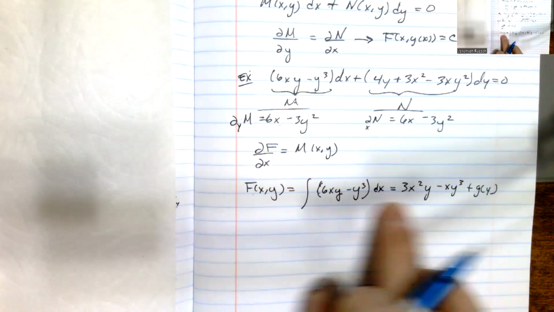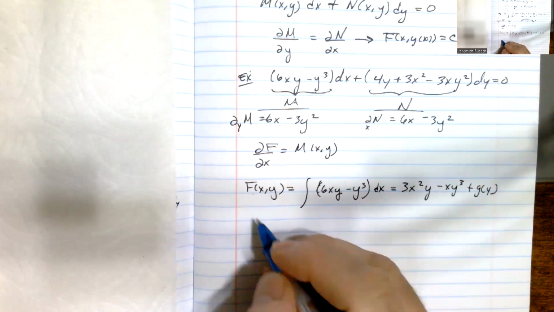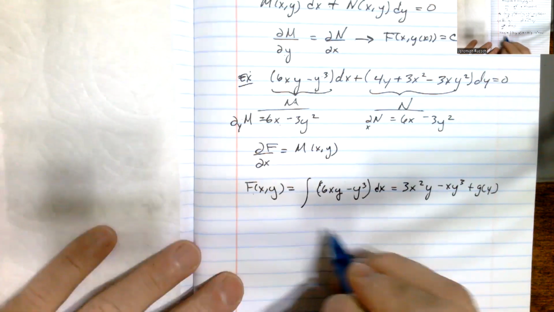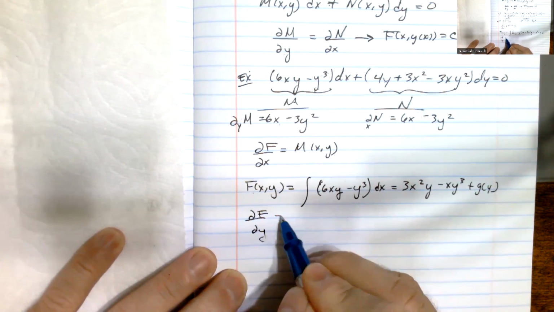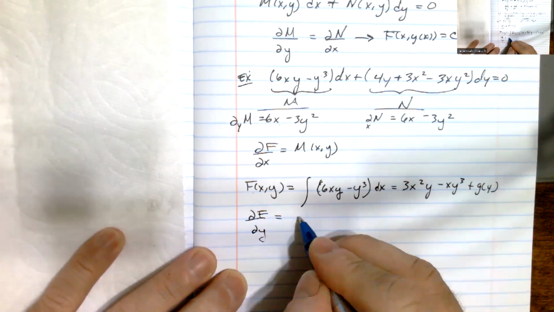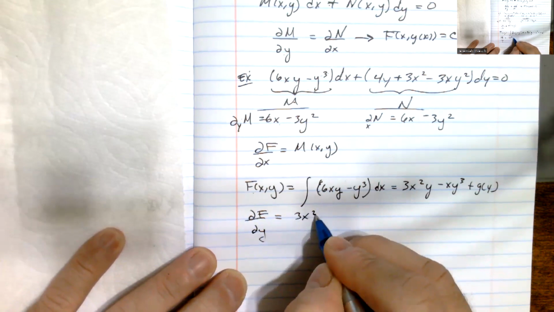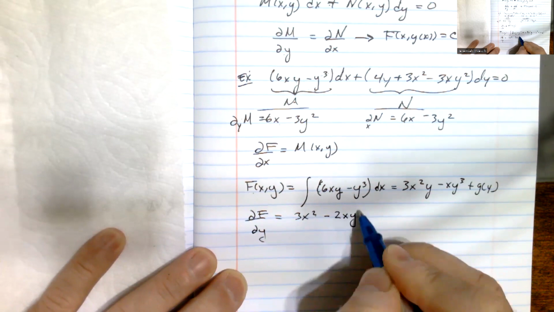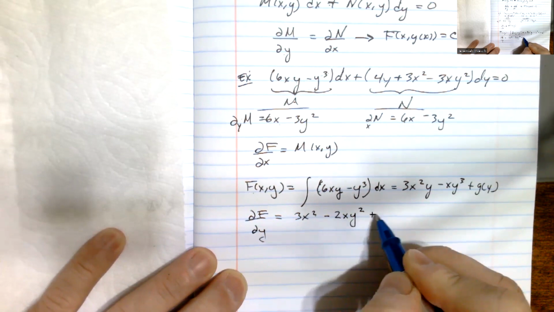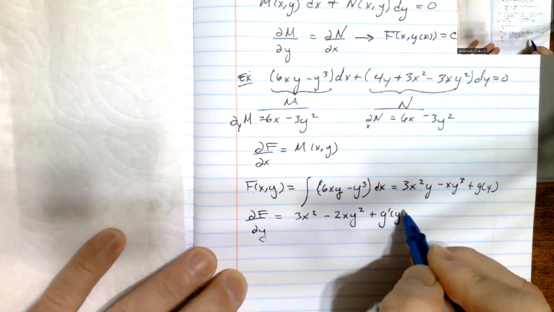So this is our F. Then if I take a derivative of F, so dF/dy, if I take a derivative with respect to y of this, I get 3x squared minus 2xy squared plus g prime of y.